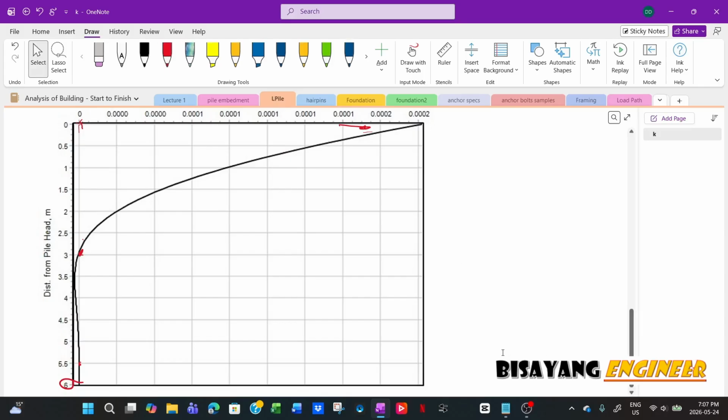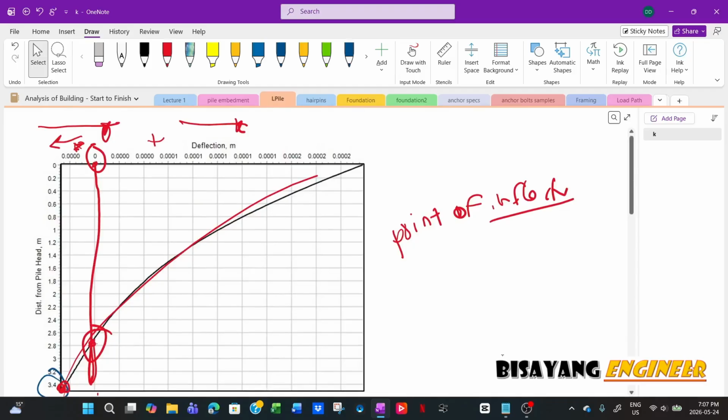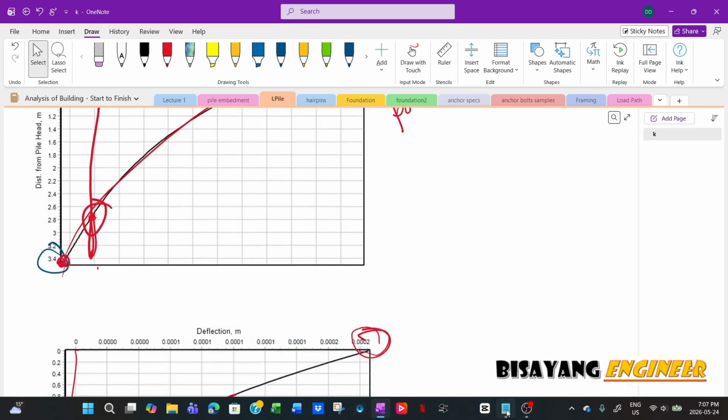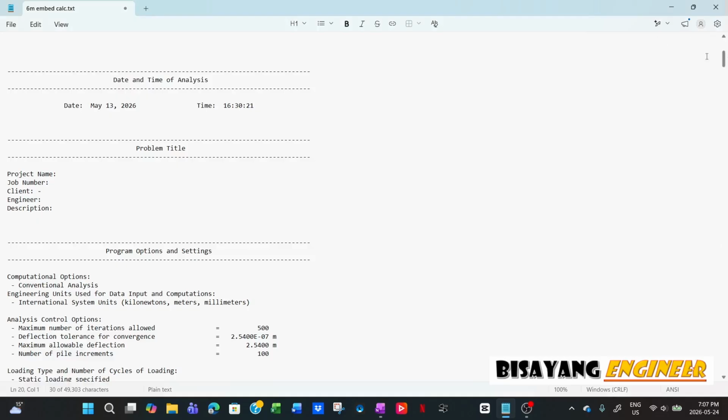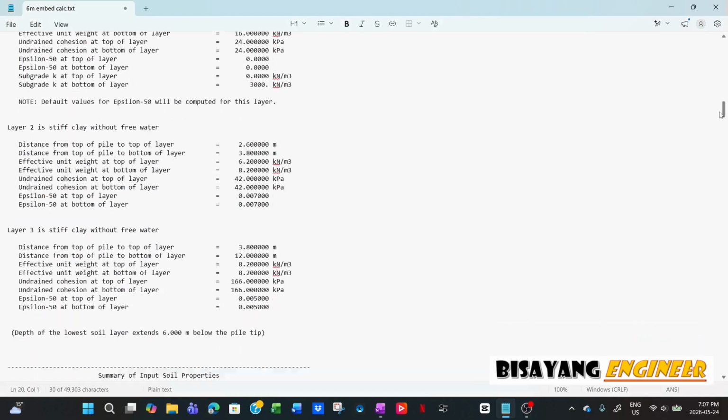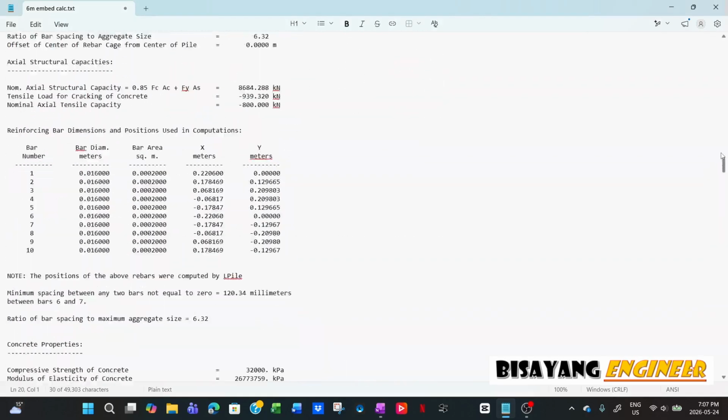Now, when you run the analysis, you can have a really quick look at this graph. Just click, there will be a graph on the side, and then you will just click it. But the actual calculation, this one, so this is the actual analysis.